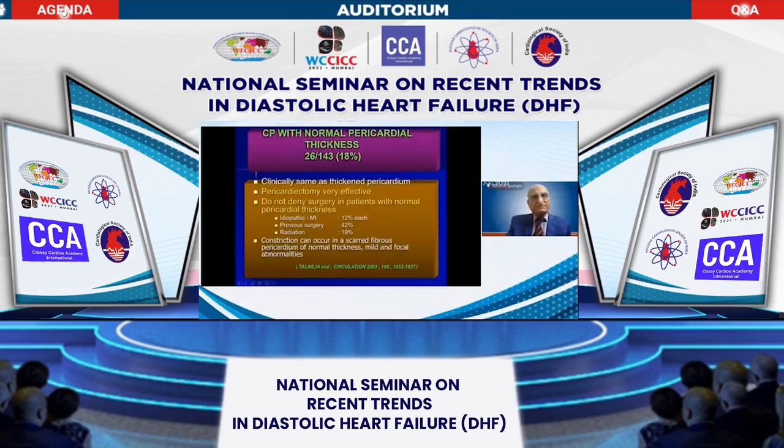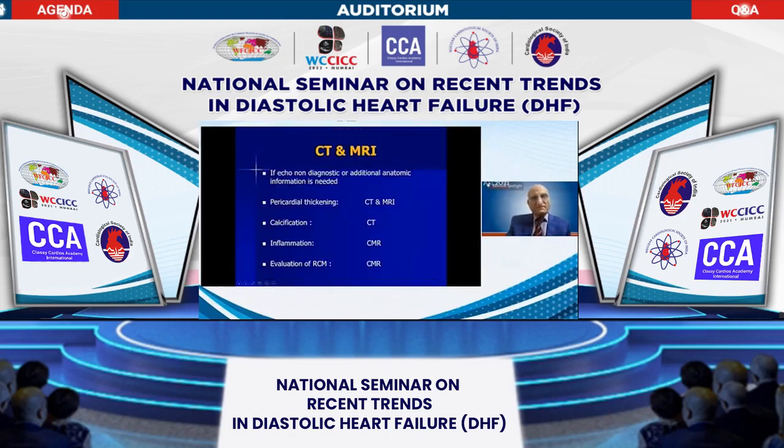A constrictive pericarditis with normal pericardial thickness has been seen in about 18% of cases, and it is clinically the same as with thickened pericardium, and especially pericardiectomy is very effective. So the message is, do not deny surgery in patients with a normal pericardial thickness if they show signs of constrictive pericarditis.